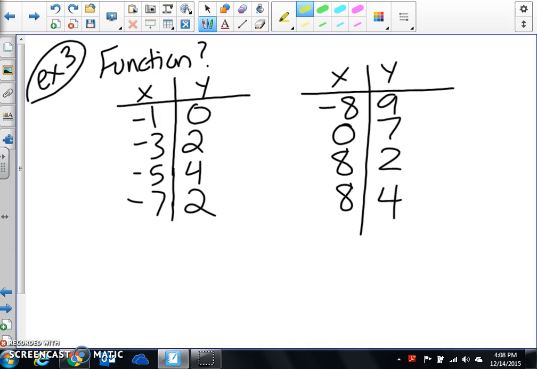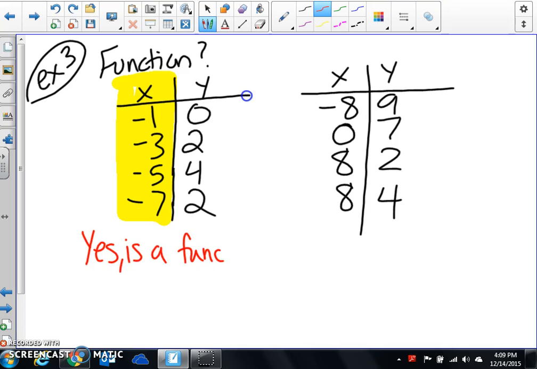Don't even look at the Y. So you're going to look at the X and determine if it repeats. I've got -1. I skimmed the rest of my values. It does not repeat. -3, I don't have any other -3s. -5, no other -5s. -7, I don't have any other -7s. So yes, it is a function because every X only has one Y.